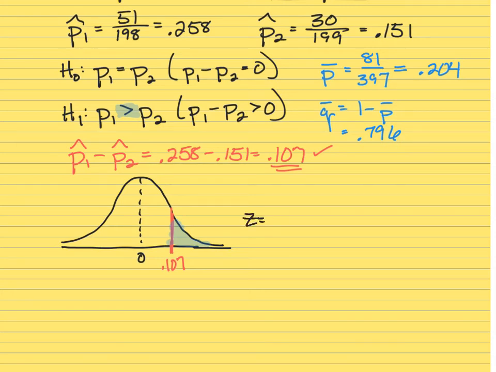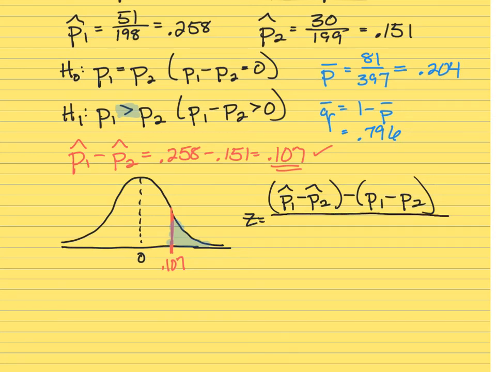The z-score is equal to P1 hat minus P2 hat, we've seen those before, minus P sub 1 minus P sub 2. Now remember the difference: when I put a hat on these things, that means that's the proportion that comes from my sample. Without a hat, these are the proportions from the population, which we don't know.